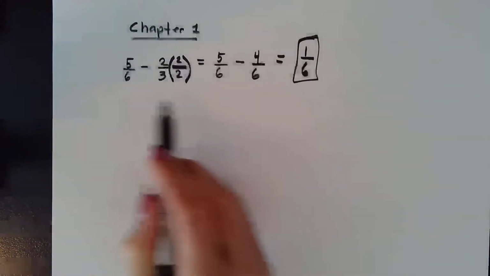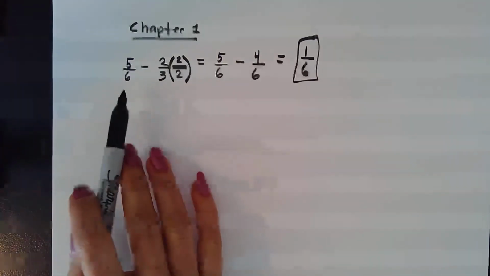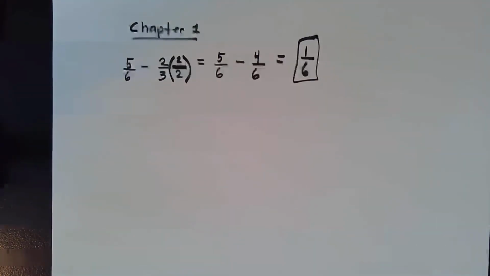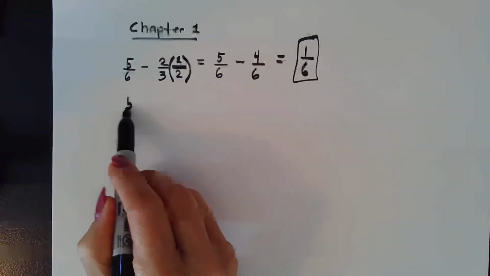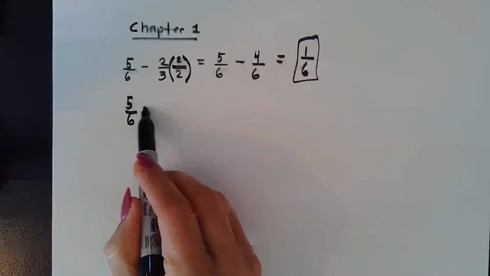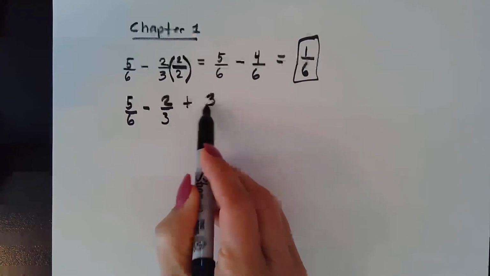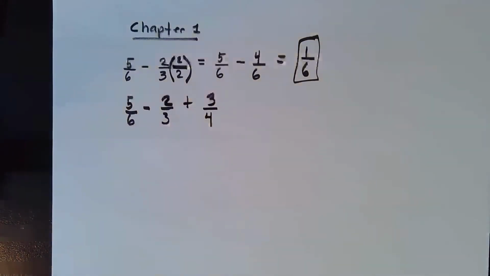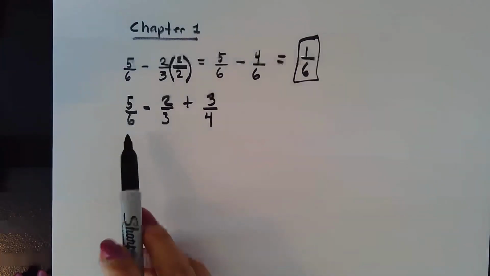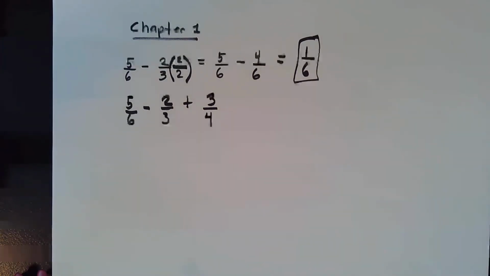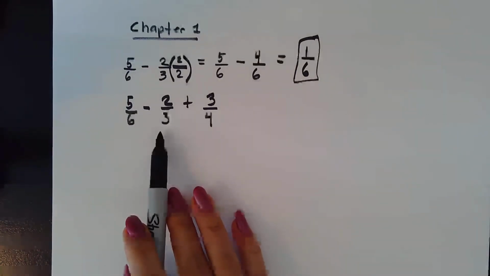Now this is just if you have, for example, two fractions, right? But what if we had 5 over 6 minus 2 over 3 plus 3 over 4? Let's try this one. Again, we're subtracting and we're adding, so you're gonna need to find the least common denominator. So you look at 6, 3, and 4.